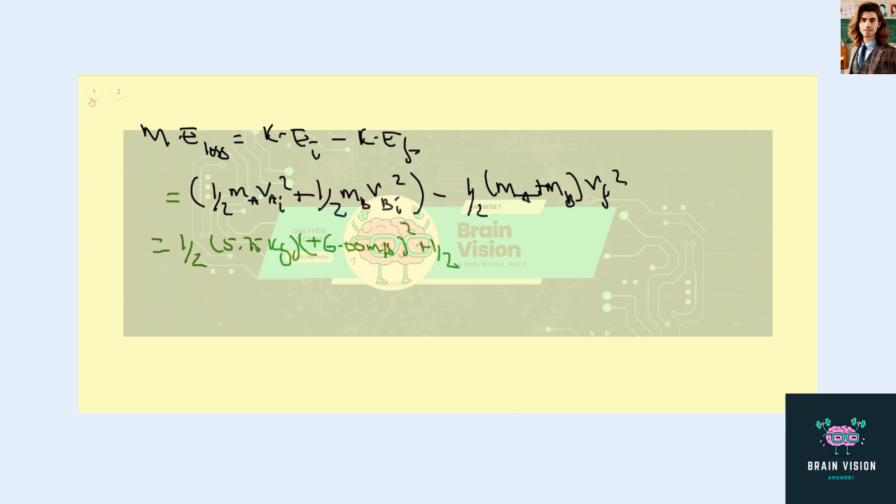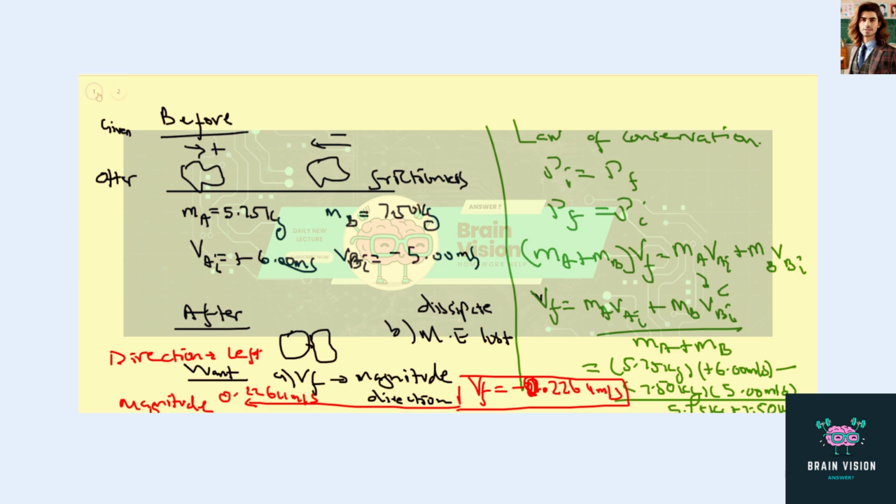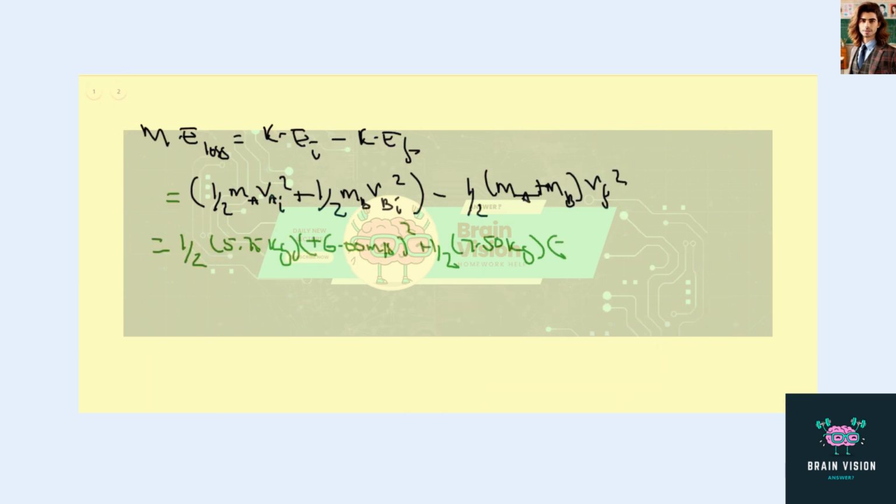Plus 1/2 times the mass of B, 7.50 kilograms, times the initial velocity of B, negative 5.00 meters per second.